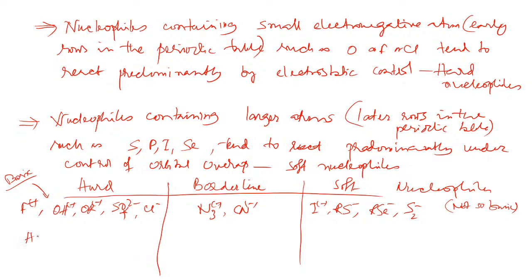Also neutral molecules like H2O, ROH, ether, ketone are hard because they have oxygen atoms. Amines, primary amine and secondary amine, are borderline, but thiols are soft, and this phosphine is soft.